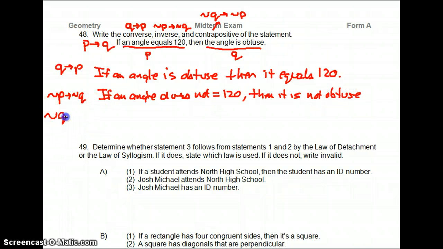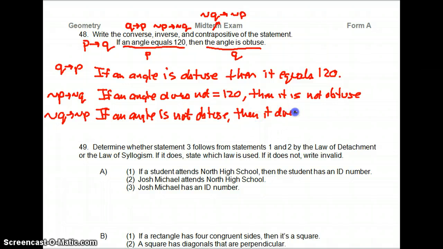And not Q, not P: if an angle is not obtuse, then it does not equal 120.